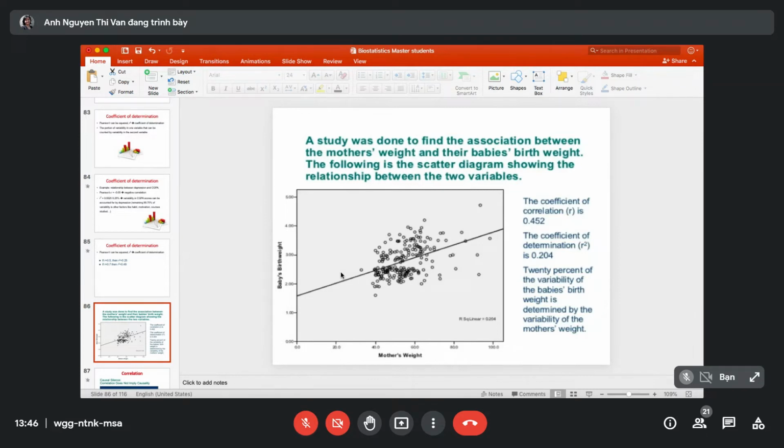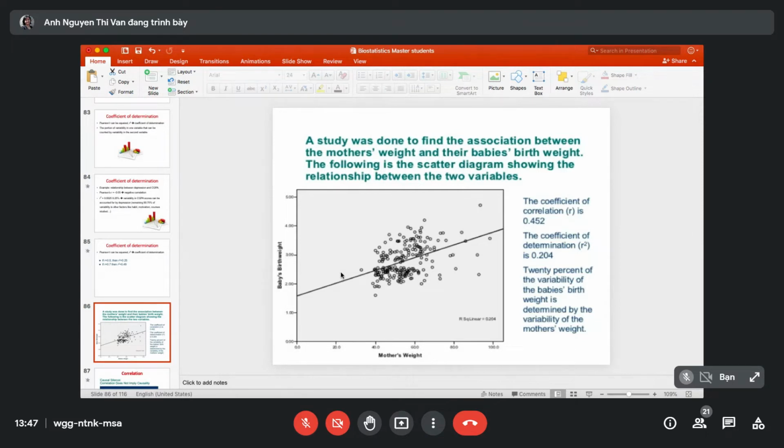And the coefficient of determination means that 20% of the variability of baby birth weight is explained by the mother weight, and the remaining 80% of the variability can be accounted for by other factors.